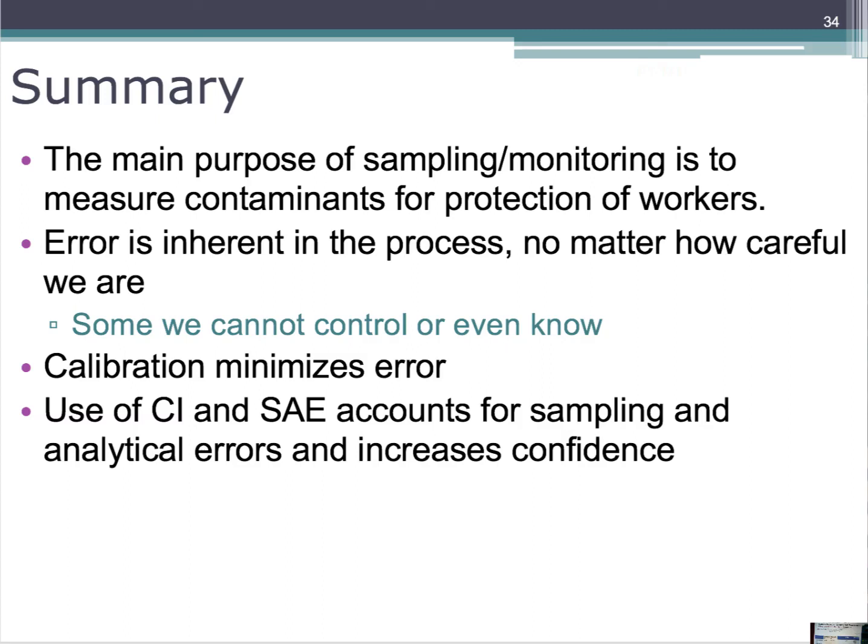For OSHA compliance, both that upper and that lower confidence limit need to be above 1, or above the occupational exposure limit, but you can use this as you evaluate exposures as an industrial hygienist when you have values that are close to being within compliance or outside of compliance. And so these confidence intervals represent a 95% confidence in our ability to evaluate somebody's exposure.